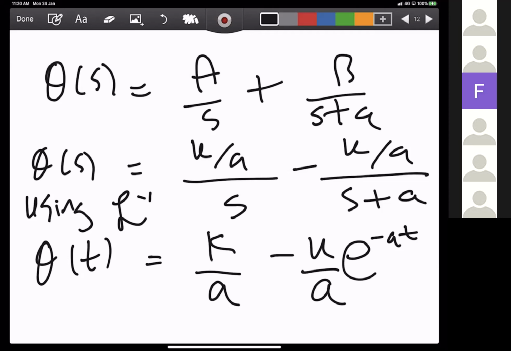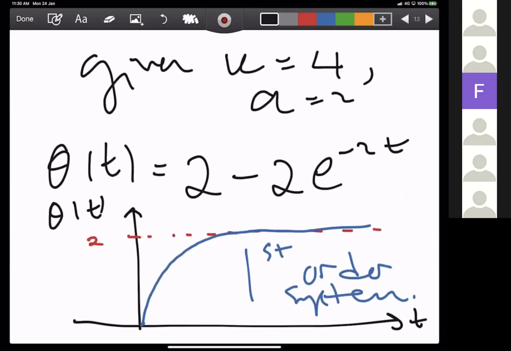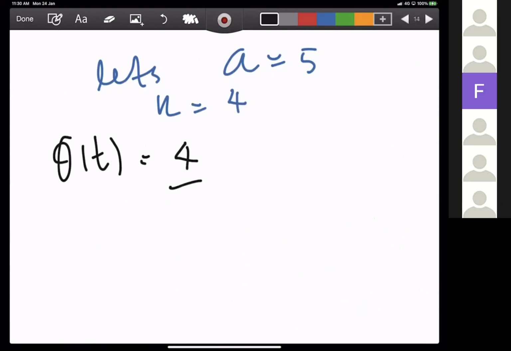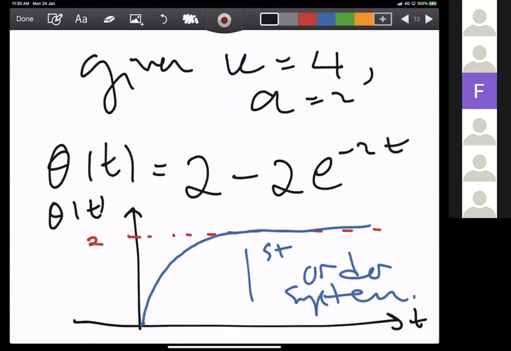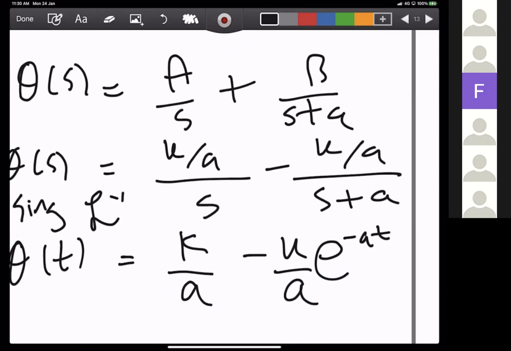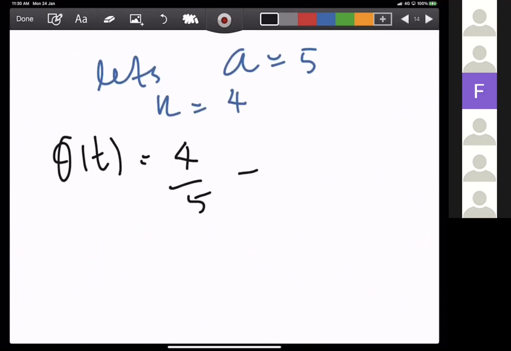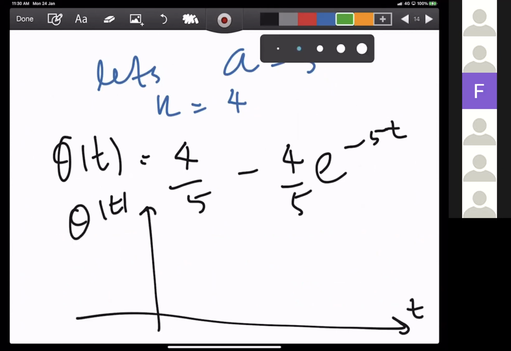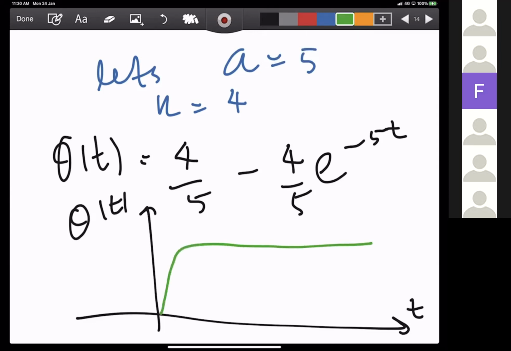K is 4, A is 5, 4/5. Correct. So the response will be much faster.